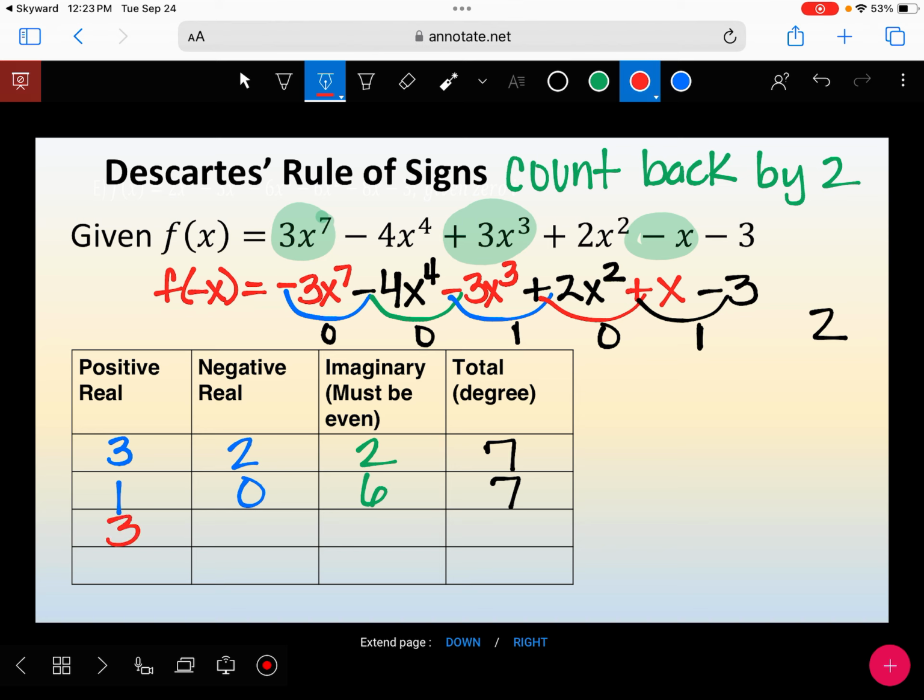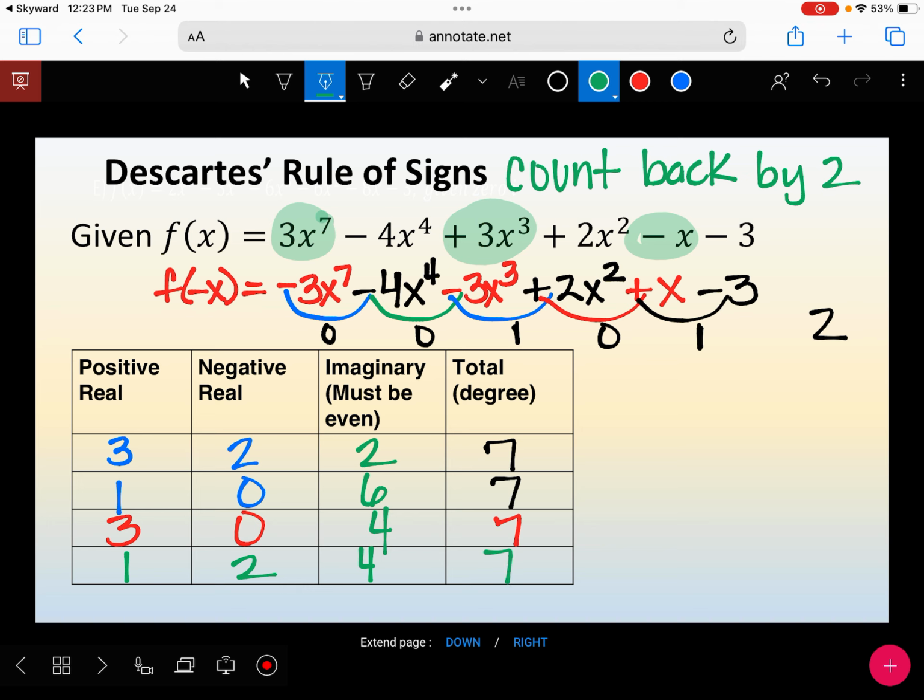What if I have 3 positive and 0 negative? I haven't looked at that combination. Then what number would have to go here? 4. And what's the only combination I haven't talked about? 1 and 2. Look at y'all learning. And what number would have to go in the third column? 4. And that would be 7.